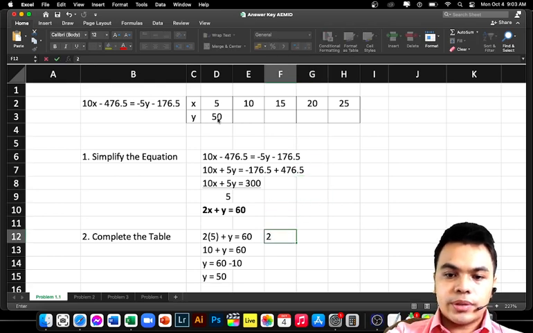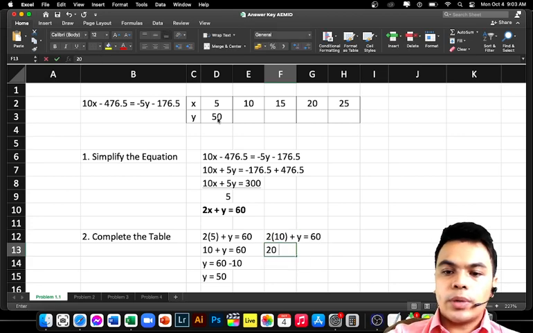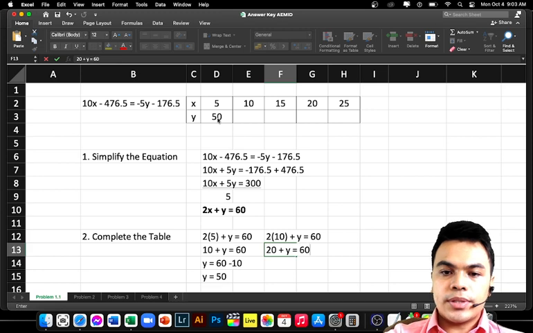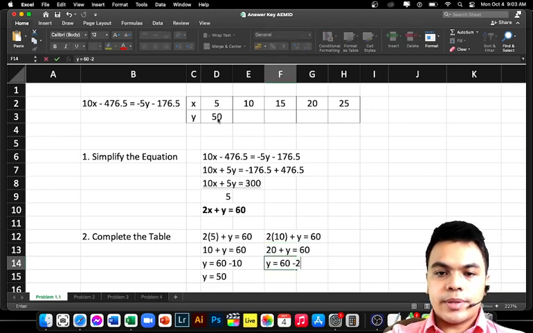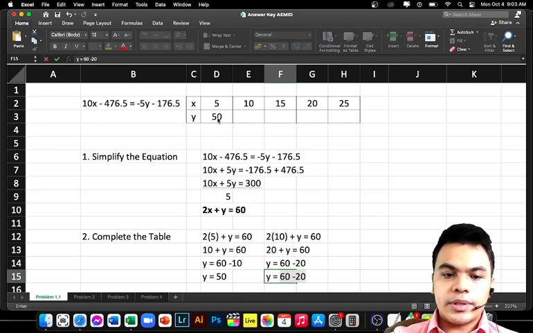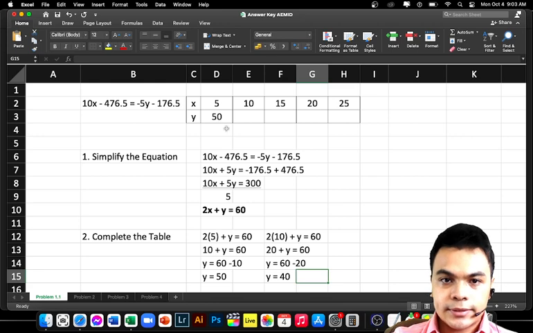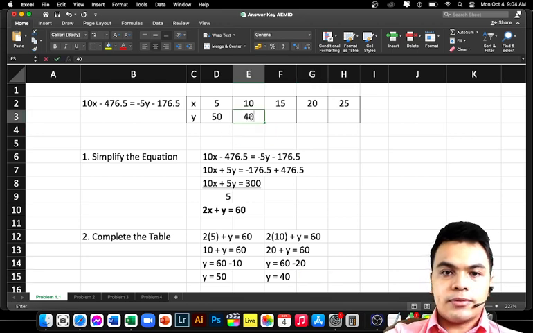Same procedure. 2 times 10 plus y is equal to 60. 20 plus y is equal to 60. Transpose 20 to the other side. Y is equal to 60 minus 20. That is 40. Ayan. Let's put 40 here.